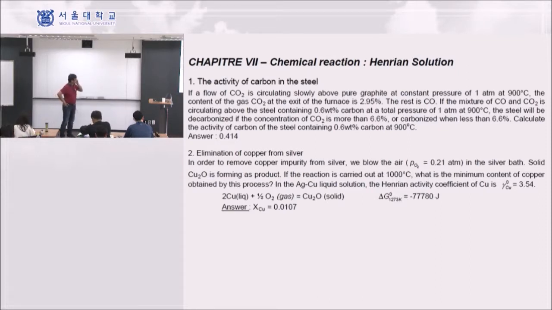Okay, so in the last 2-3 classes, we have learned how to derive the Gibbs energy for the solution, and then how to express the Gibbs energy of A inside of an AB solution. We call that the partial Gibbs energy of A in the solution.